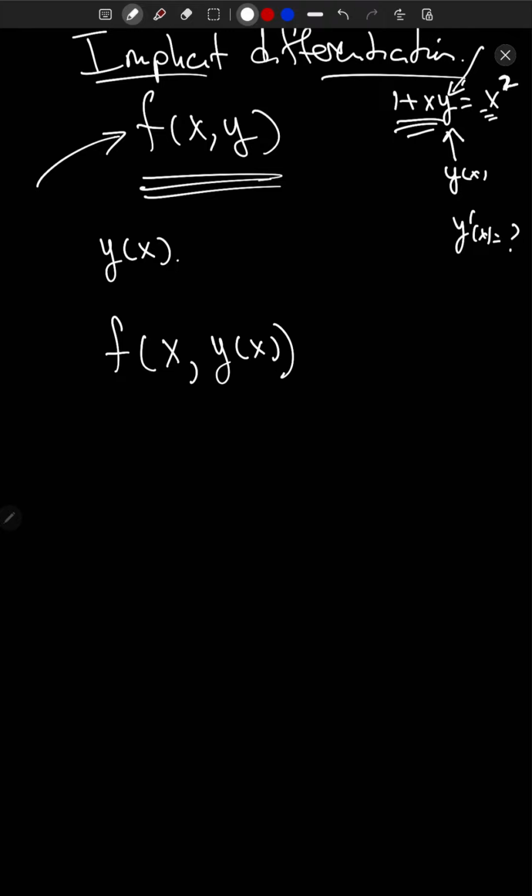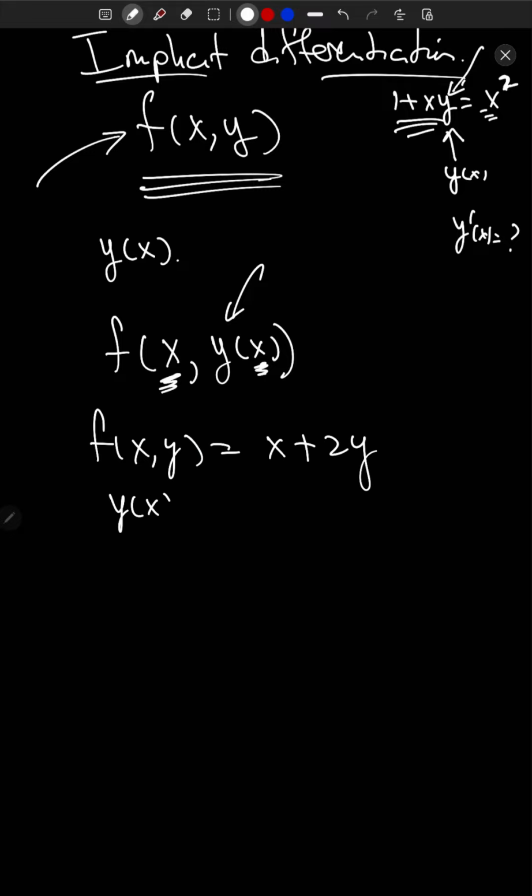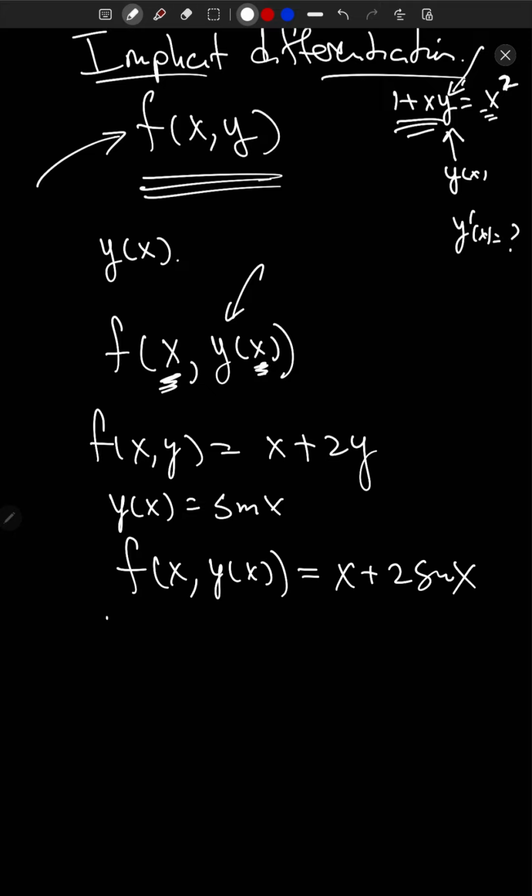This is actually one variable, because x is my variable and y depends on x. So for example, if f of x comma y is equal to x plus 2y, and y of x is equal to sine of x, then ultimately my function is x plus 2 sine x.